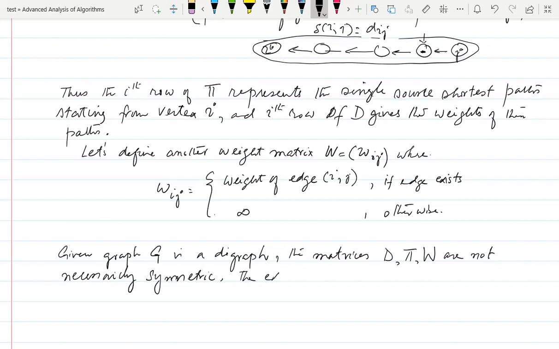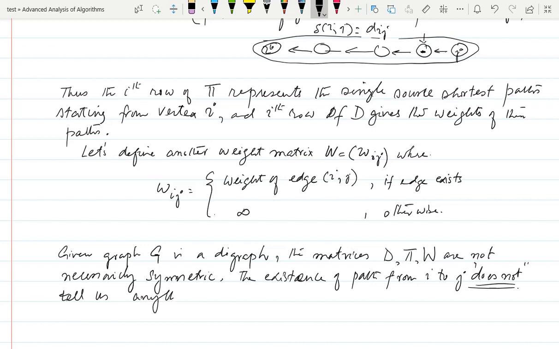So the existence of a path from i to j does not tell us anything about the existence of a path from j to i.